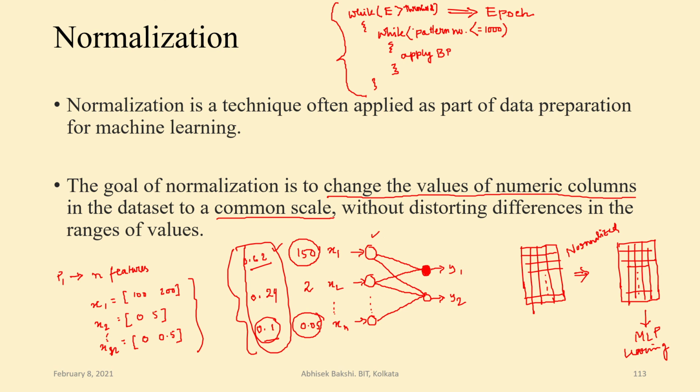And when the error goes beyond this threshold, your model will automatically converge. That means your model has learned well, so it will stop, and then you can start your testing to see how well your model has actually learned. In this way you can write your program.